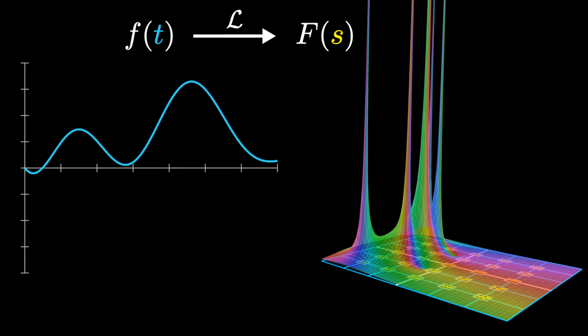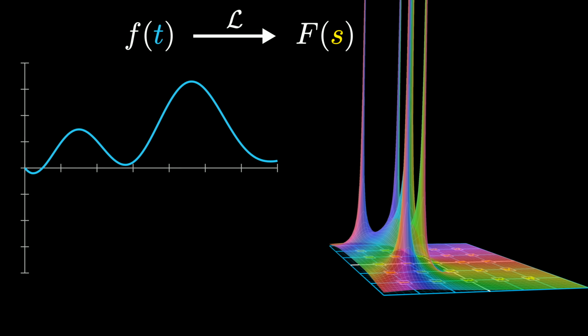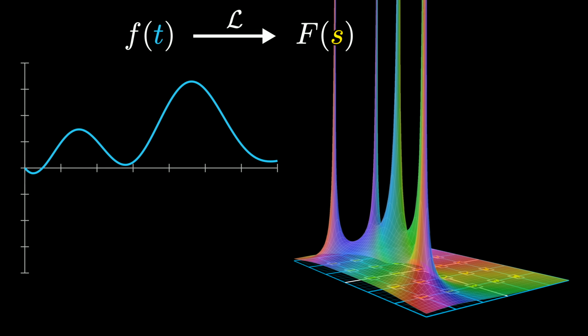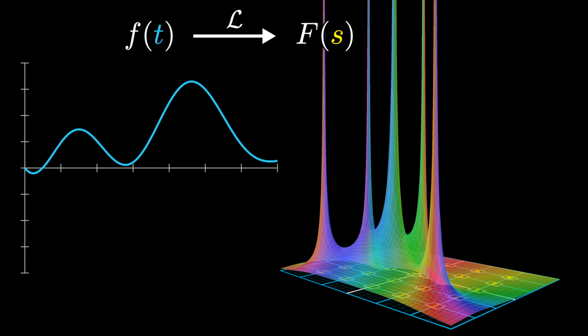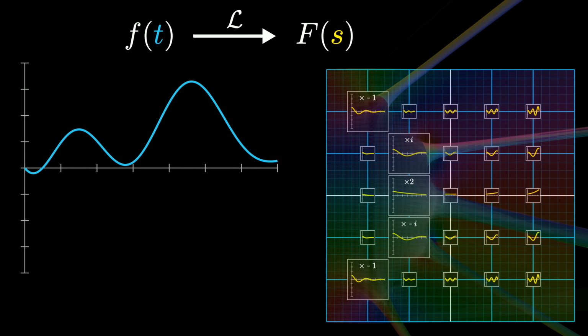The key conclusion from last time is that if your function really can be broken into exponential pieces, then when you plot this new transformed version over the s-plane, poles in that plot correspond to the exponential pieces hiding inside the original function.